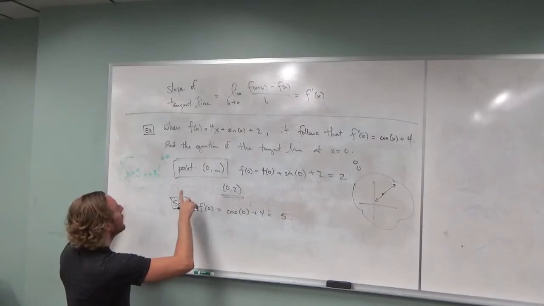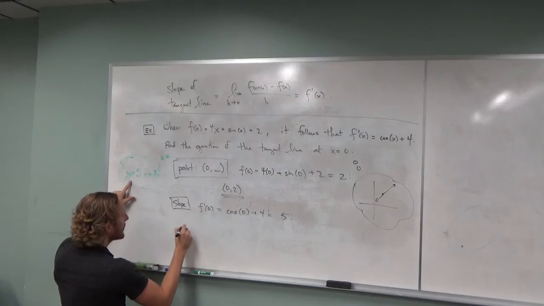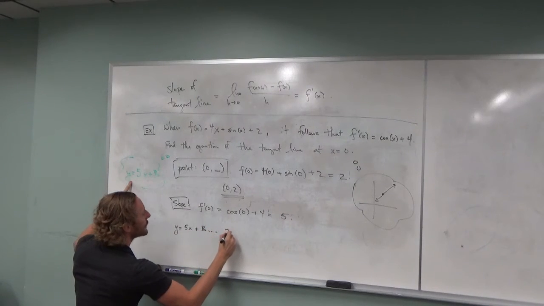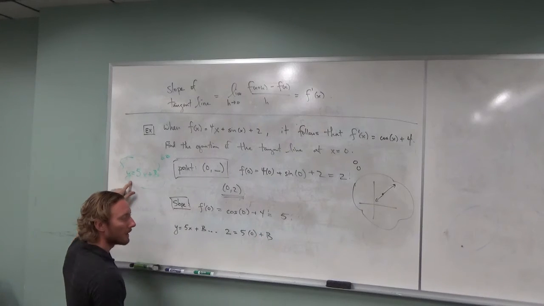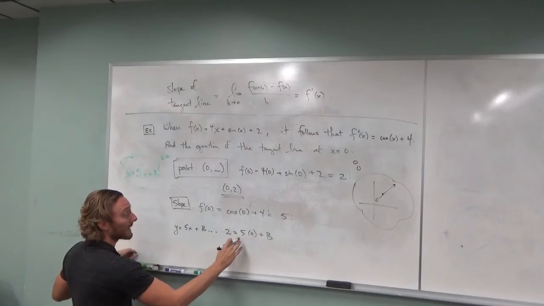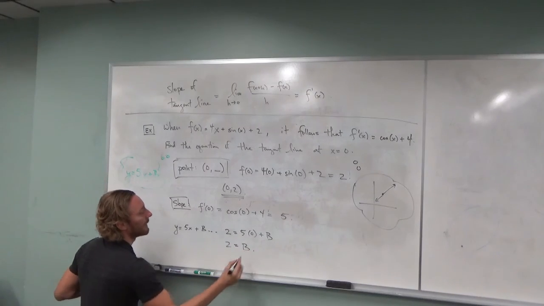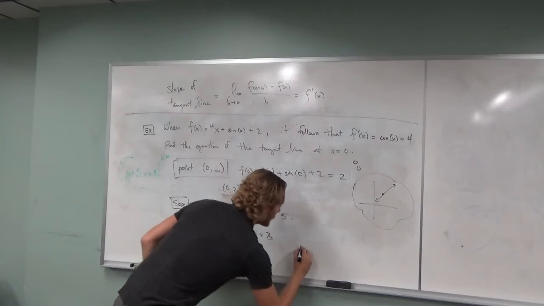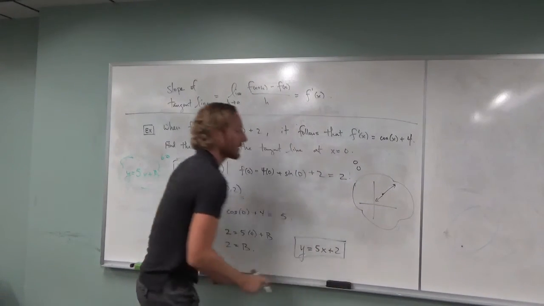So you plug in 0 for x, 2 for y, and y equals 5x plus b would become 2 equals 5 times 0 plus b. Well, what that says is 2 is 0 plus b, so that says 2 is b. Aha, we've got our line. Our slope was 5, our y-intercept is 2, our line is y equals 5x plus 2.